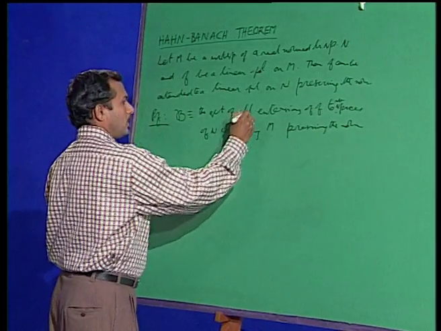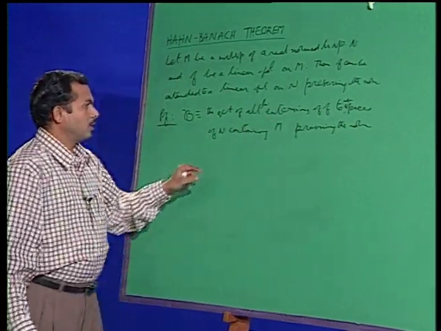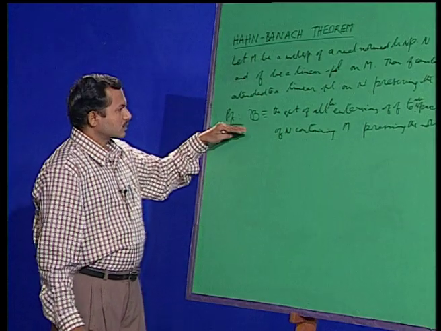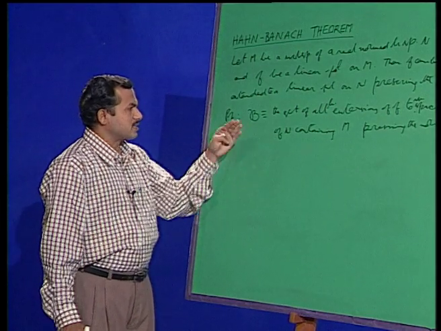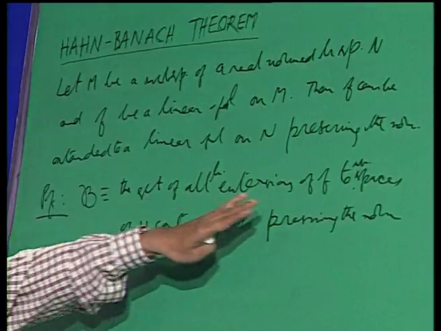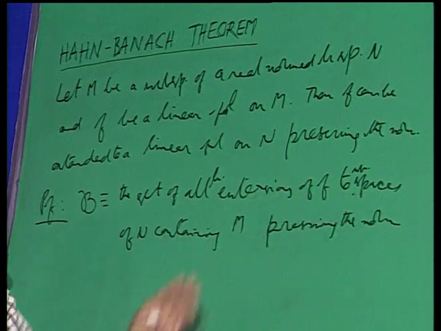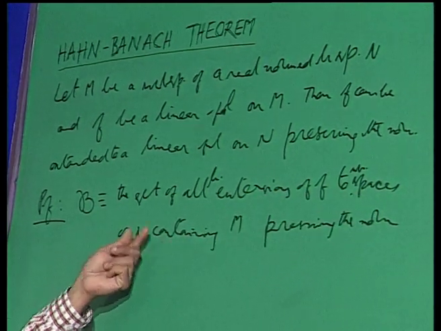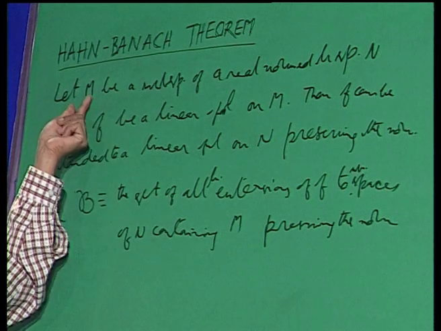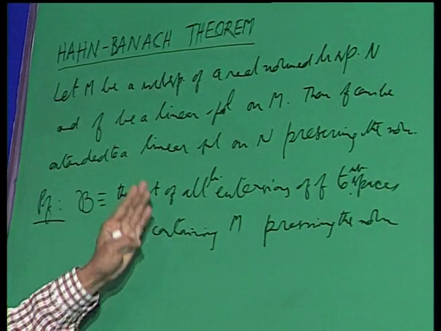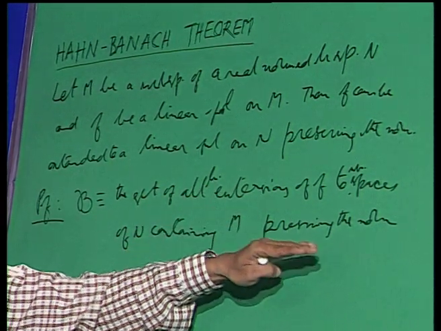That is what I mean by extensions. So capital B is the set of all linear extensions of capital F onto subspaces of capital N, those spaces have to contain this smaller space capital M, and those extensions should be preserving the norm.